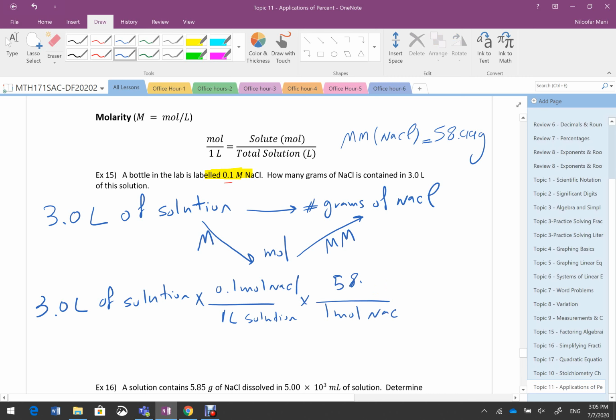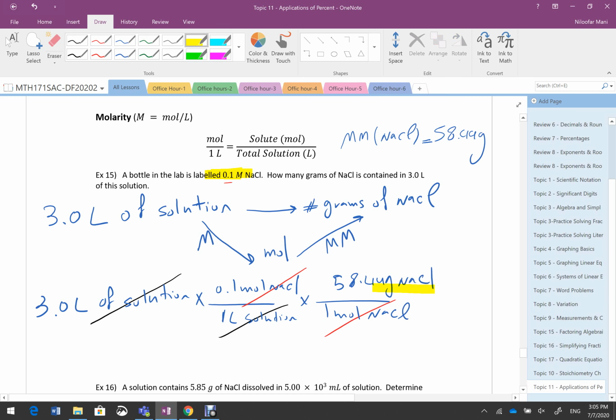Okay, NaCl. So then liter of solution, mole of this, mole of this. Sorry about my handwriting. And that's gram. I have to mention that's gram.